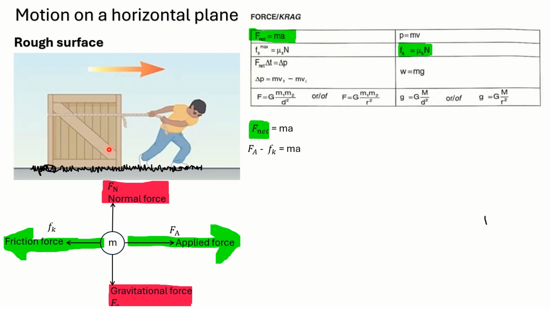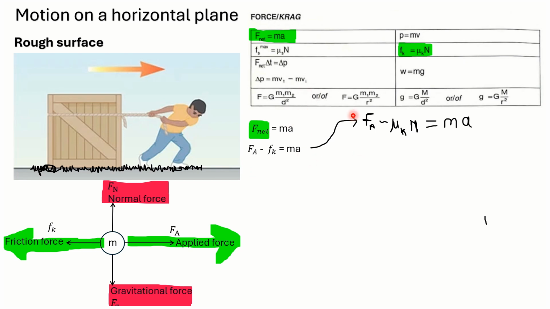However, if the surface was smooth, not rough like this, it means the frictional force was not going to be part of this F net here. But in this case, since we know that the surface is rough, friction plays a part. Now, this simply means that we can rewrite this formula in this manner, and we say Fa minus mu k multiplied by N will be equal to ma.